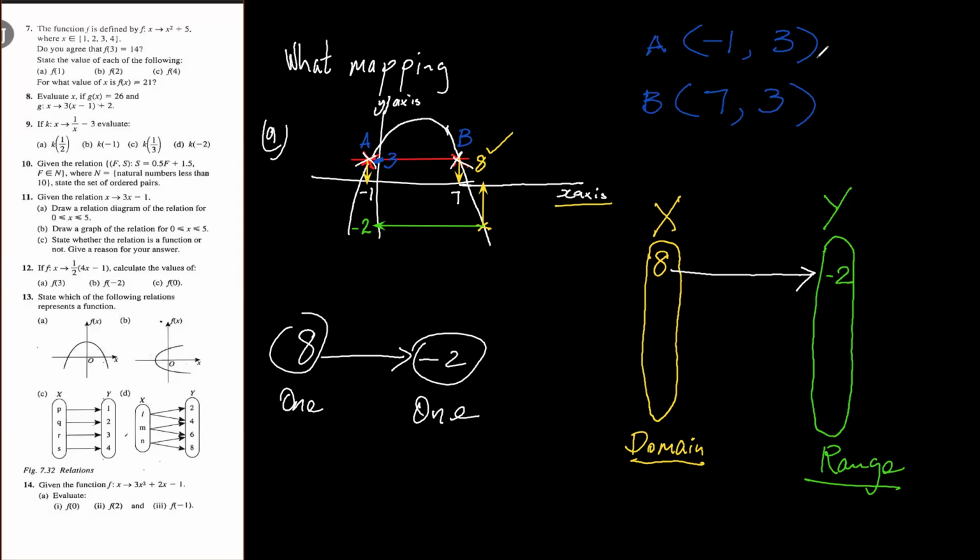We are doing a few questions on functions, trying to tie up functions and relations. What we are doing is looking at a question where they are asking us for the coordinates of point A and B, which is A is -1, 3, and B is 7, 8.